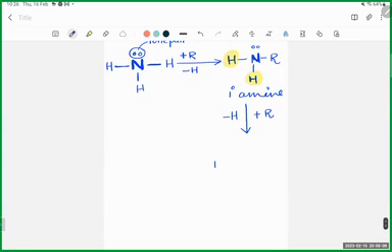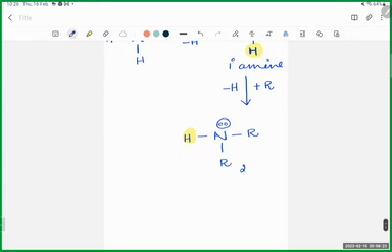Again, in this compound, we'll add alkyl by removing hydrogen. So look over here, nitrogen has taken one more R, and only one hydrogen is left now. So what do you call this? It's a 2-degree amine. Now in the final step, we are going to add R and remove hydrogen.